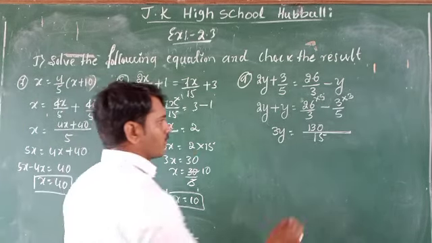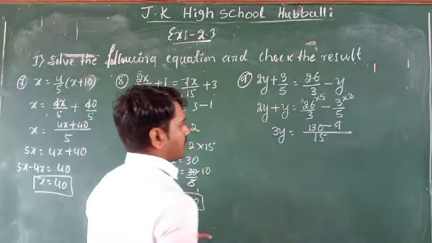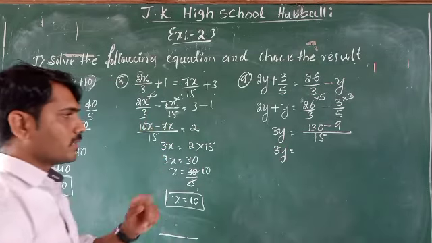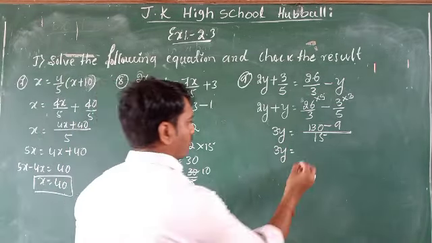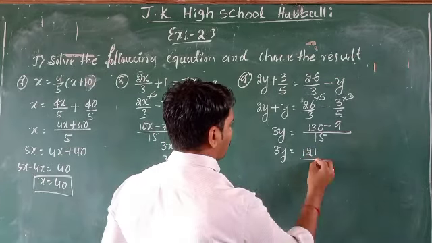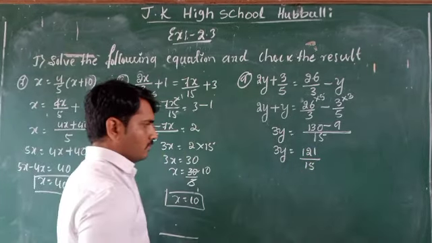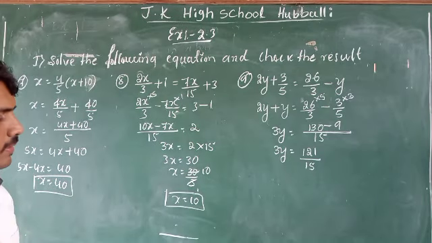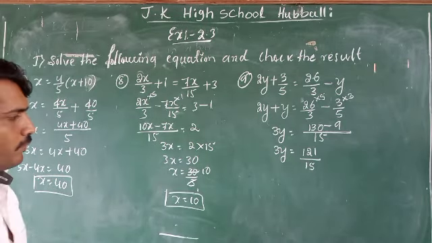Correct? Next, 3 threes are 9. 3y is equal to 130 minus 9, how much? 121 by how much? 15. Correct? 121 by 15.